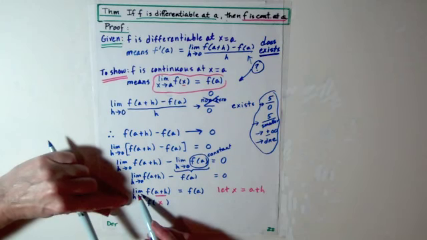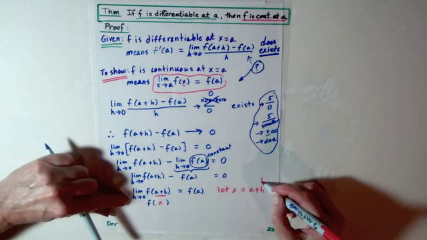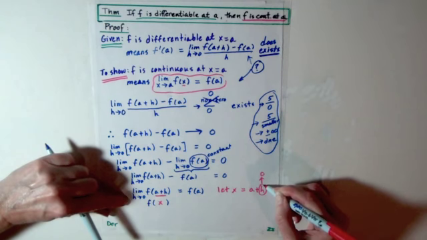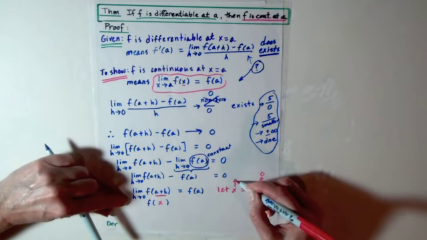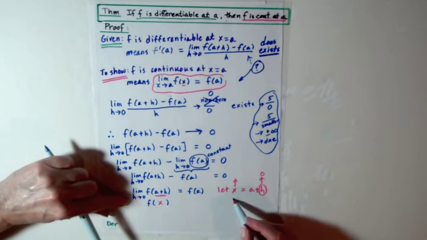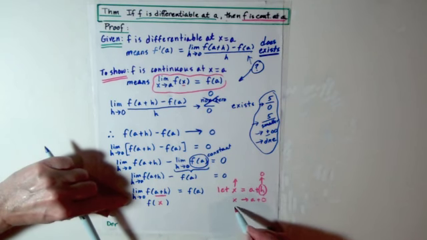Notice that we're doing a limit as h approaches 0. So what I want you to think is, well, if this h here is approaching 0, what is happening to x? If h is getting smaller and smaller, you notice that x would be approaching a plus 0. So x would be approaching a.